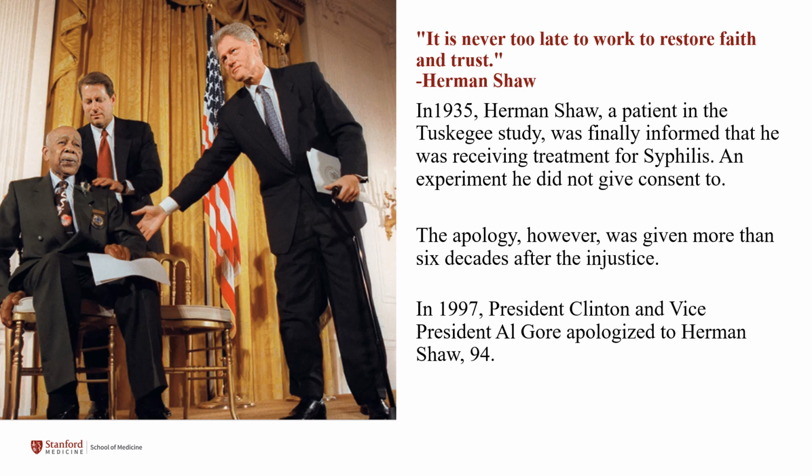The apology, however, was given more than 6 decades after the injustice. In 1997, President Clinton and Vice President Al Gore apologized to Herman Shaw. He was 94 years old then.